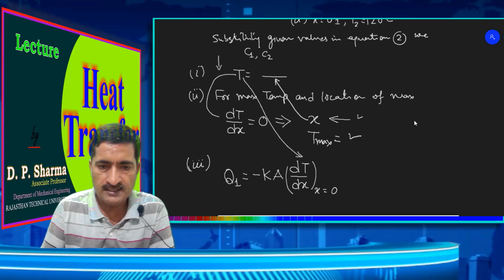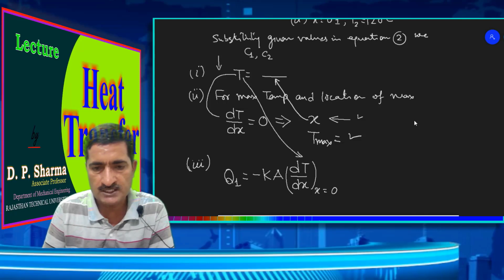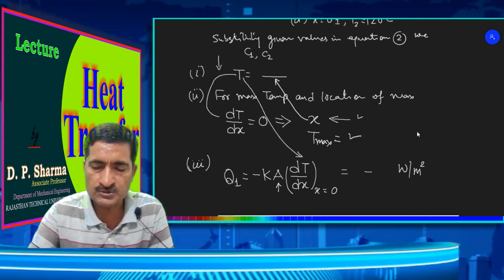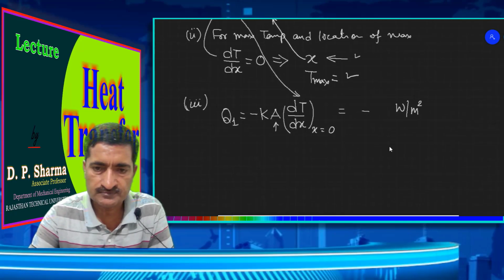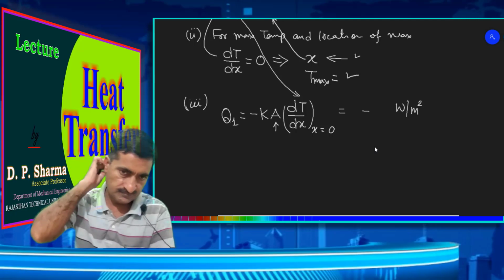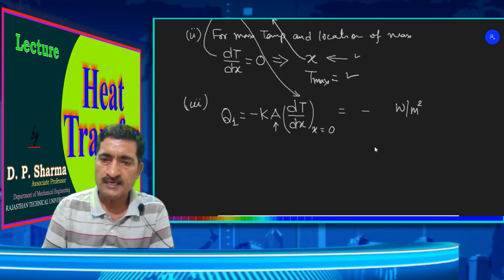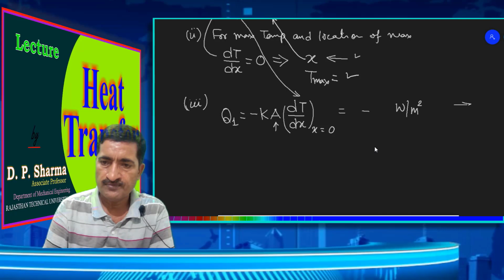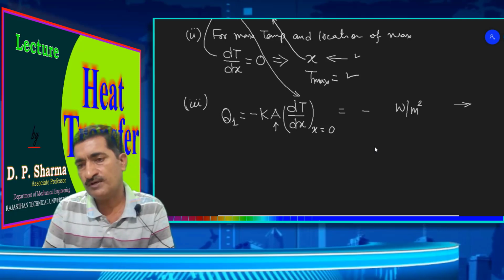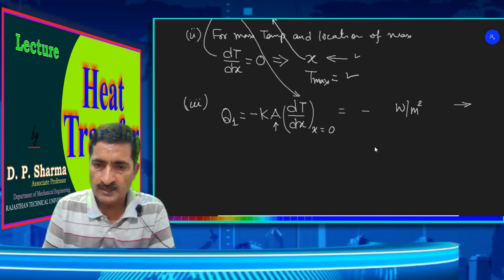This is T, differentiate this T with respect to x, assume A as 1. So heat transfer from one side, you will get watt per meter square, and the direction of heat flow is from left to right. So multiply by a negative, then you will get the direction.